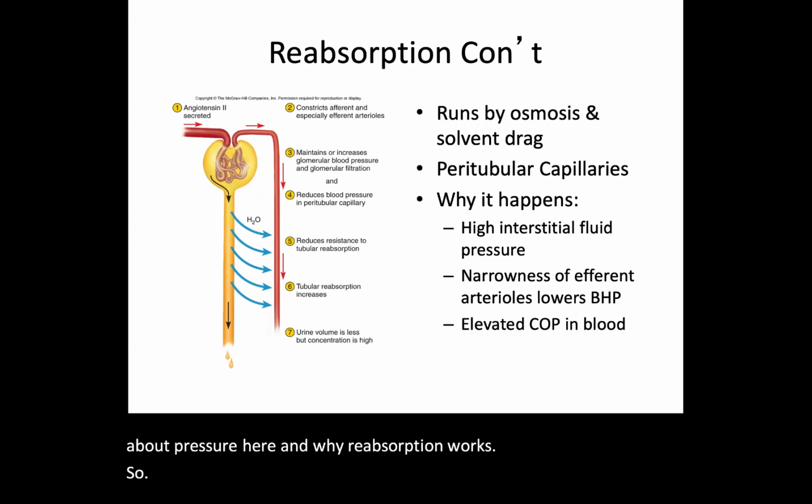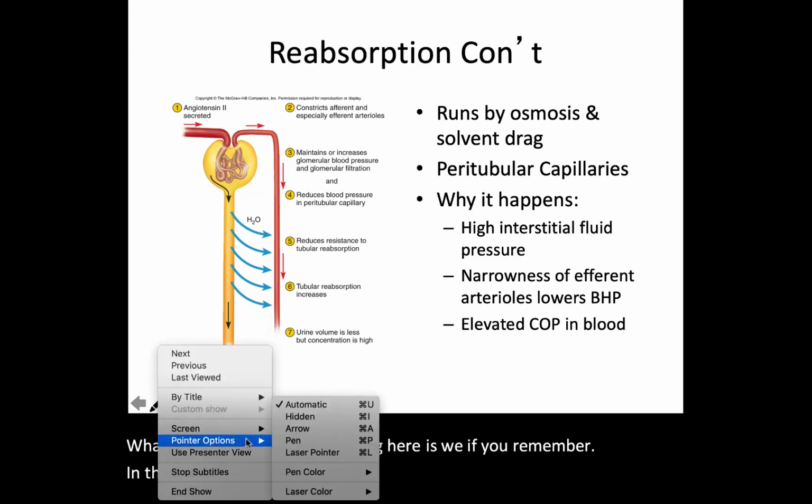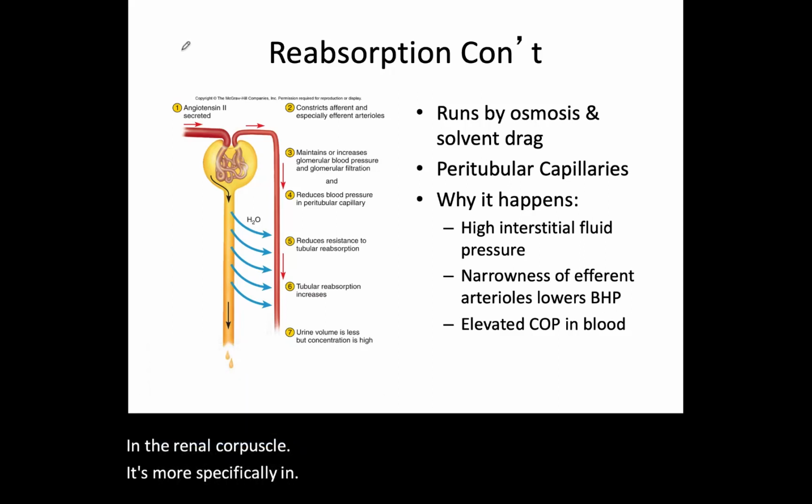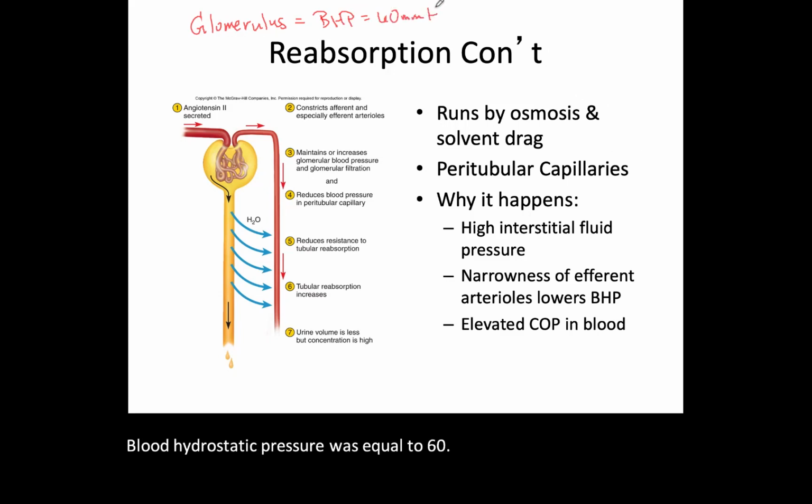What we end up seeing happening here is, if you remember, in the renal corpuscle, more specifically in the glomerulus, blood hydrostatic pressure was equal to 60 millimeters of mercury, and that was maintained all through the glomerulus.